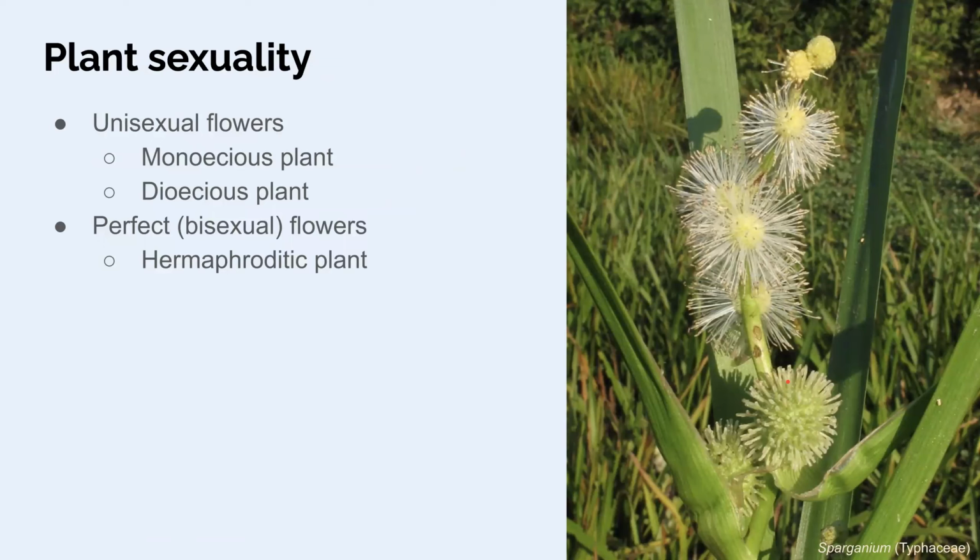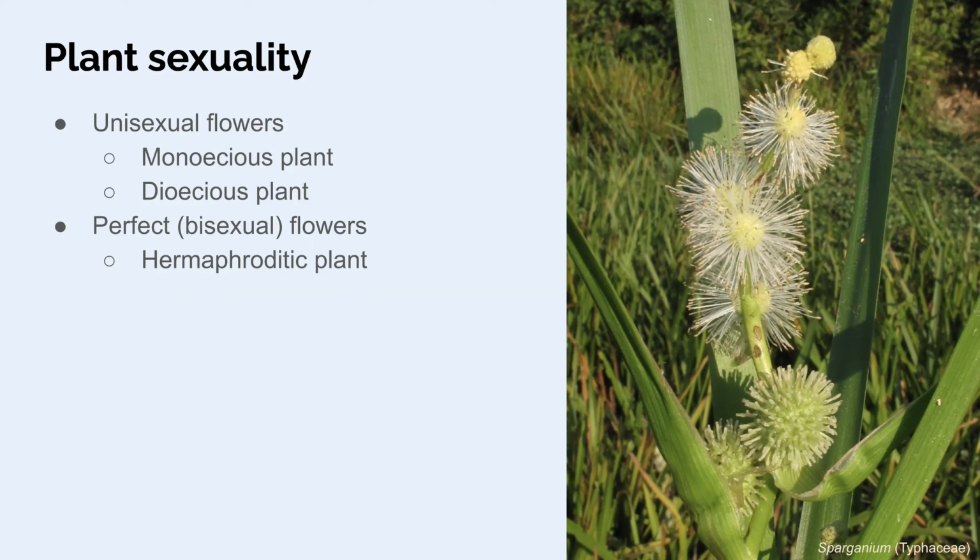And if you're coming at this from being familiar with animals, you might have to adjust your terminology a little bit. The sexuality of plants, because they can have unisexual flowers or bisexual flowers, then they can be arranged differently depending on the plant. So we have these different terms: monoecious, dioecious, hermaphroditic.